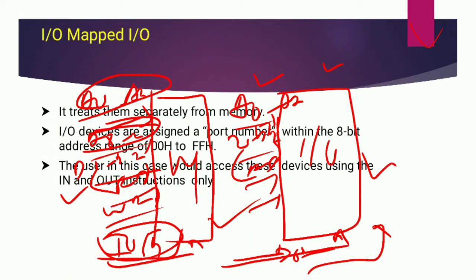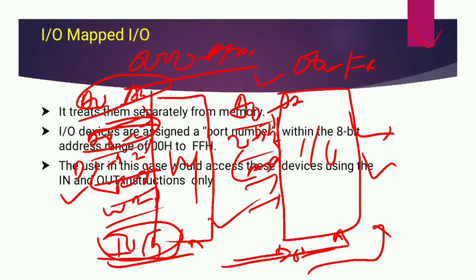Here the full address space for the memory is 0000 to FFFF because it is a 16-bit address line, and a separate address space, that is 00 to FF, is used for the IO device because an IO device has an 8-bit address.